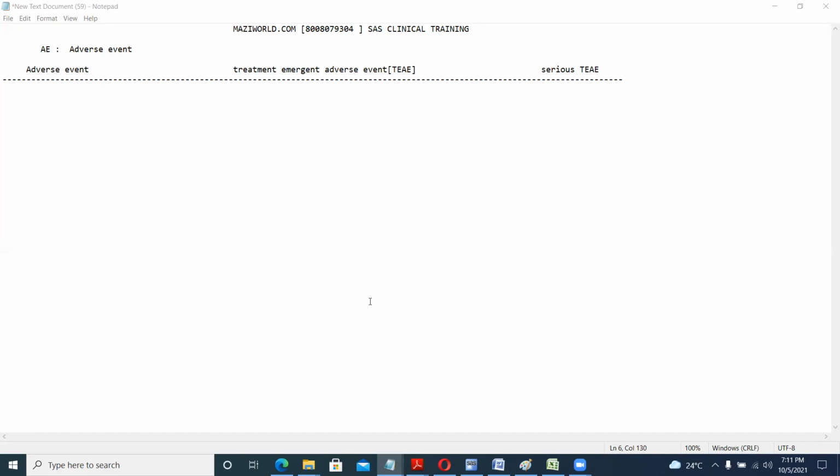It may be headache, vomiting, constipation, itching, dizziness, etc. Compulsorily, there will be some adverse event. Now the important point is that let's discuss these three concepts completely.